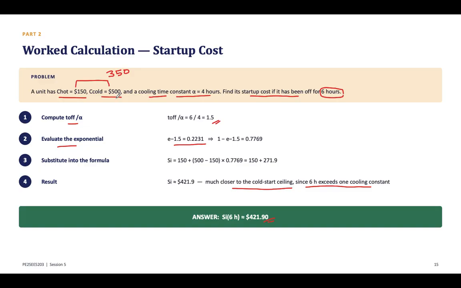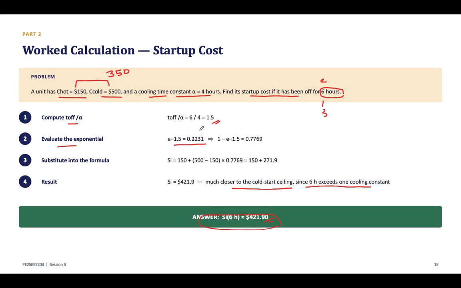This example also shows why a simple fixed startup cost assumption is an approximation. The same off to on transition may have different economic consequences depending upon the unit's prior downtime. Like if the downtime was 2 hours, 1 hour, 3 hours, you would have got a different answer here, right?